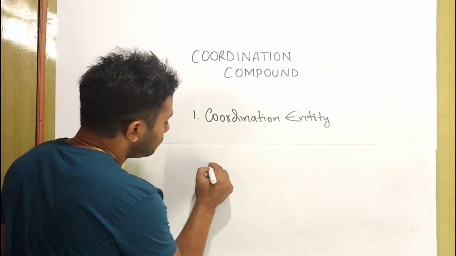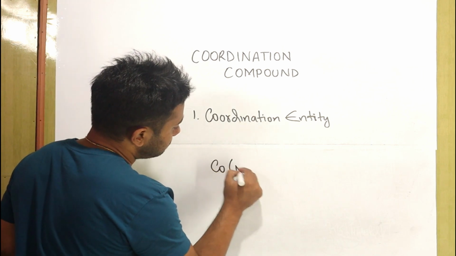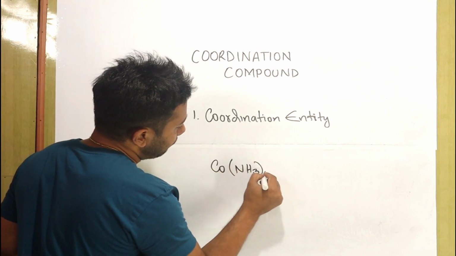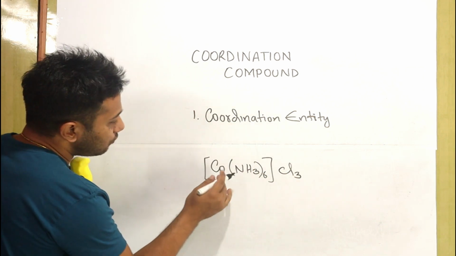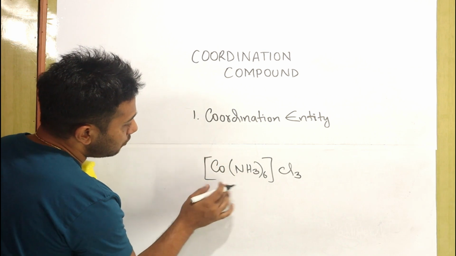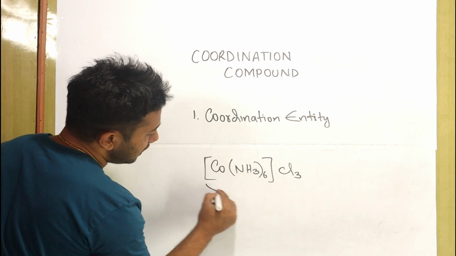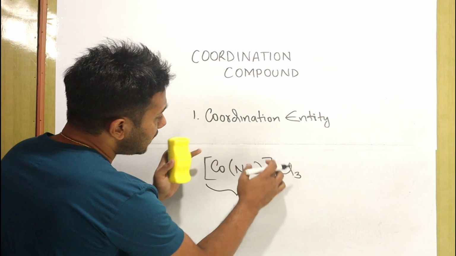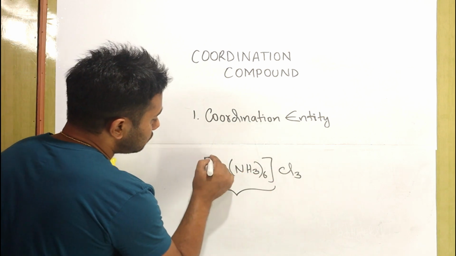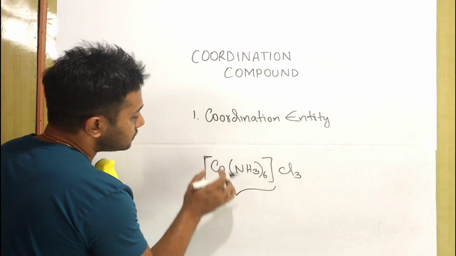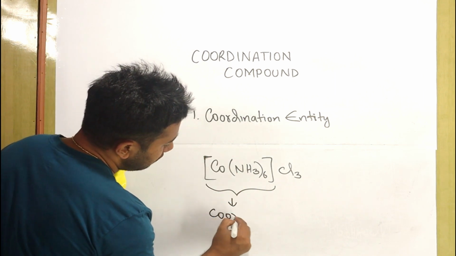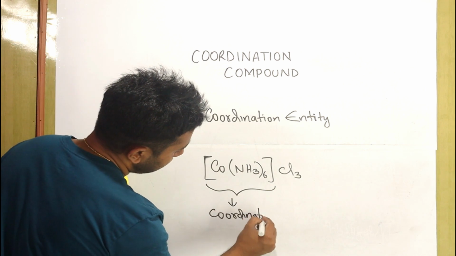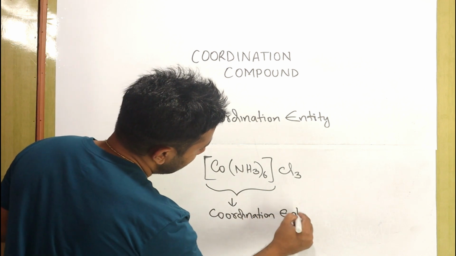So if I write the same coordination compound again, the entire element or entire compound which is present out here, whatever is present inside the square brackets, this entire part is known as the coordination entity.